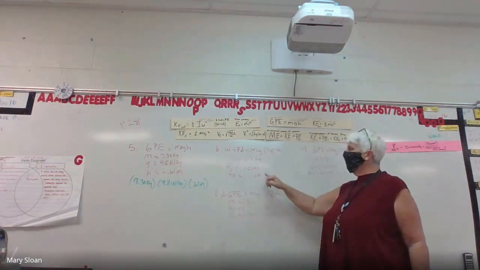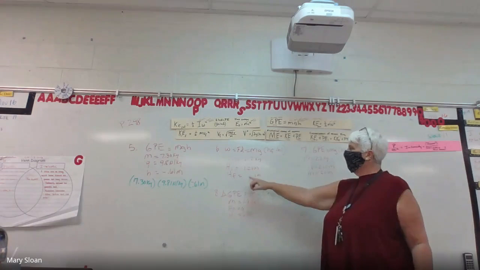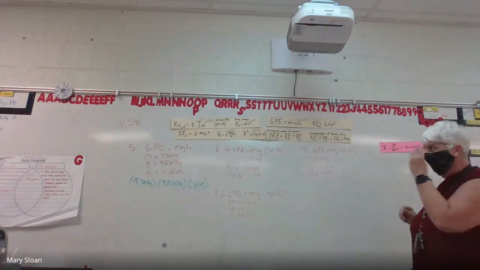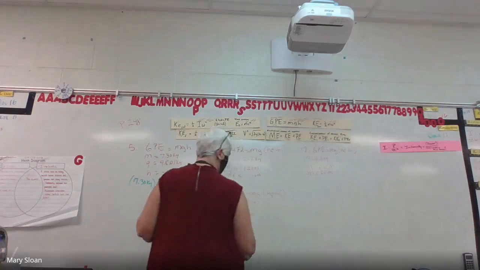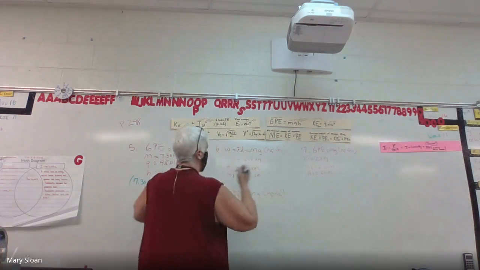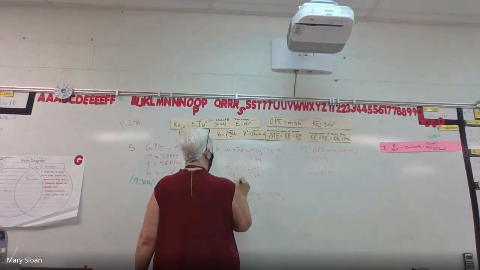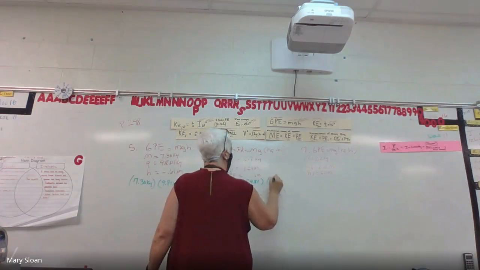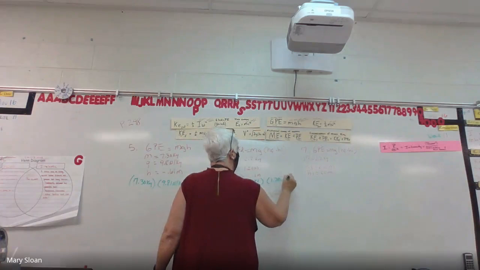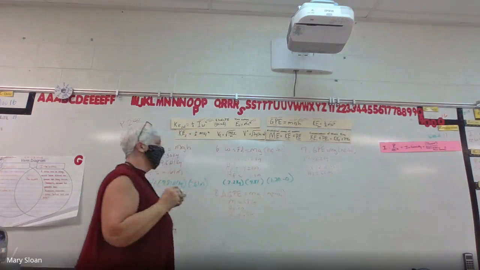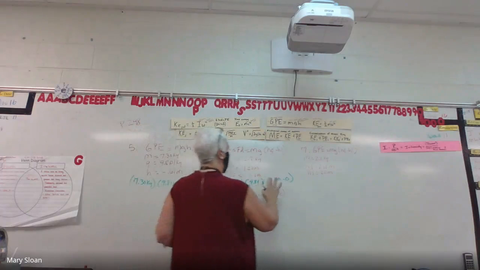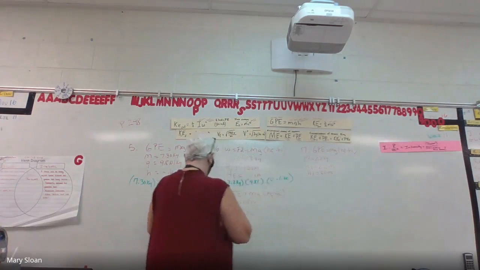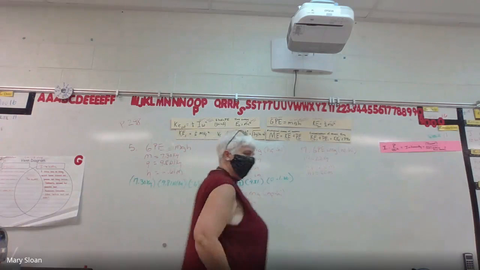We have the height of the initial is 1.20, and the height of the final is 0 meters. So we also have to include 9.8, right? So our mass is 2.2 kilograms times 9.81 times 0 minus 1.20. There we go.